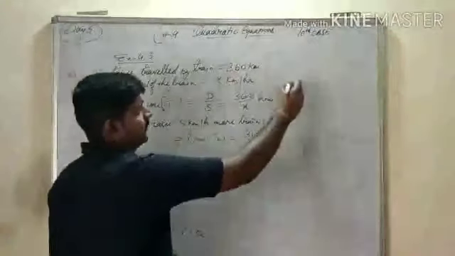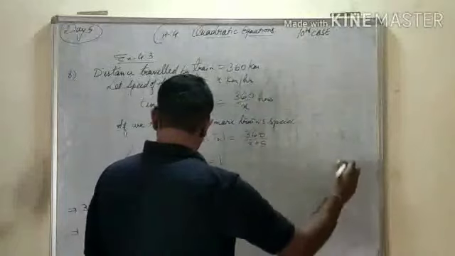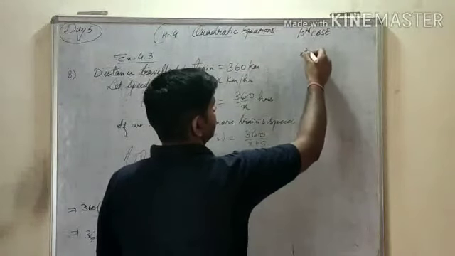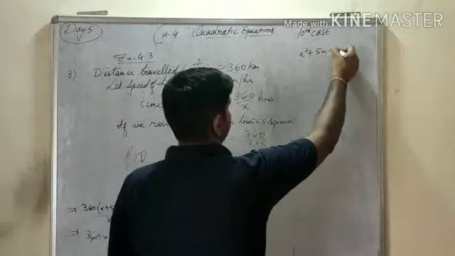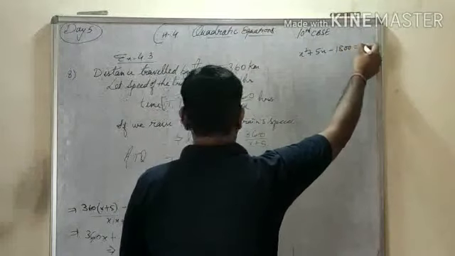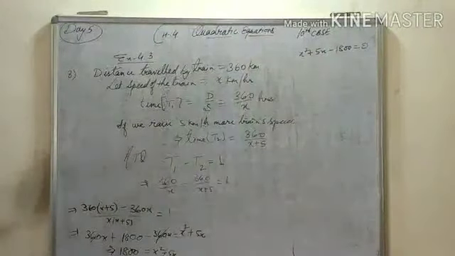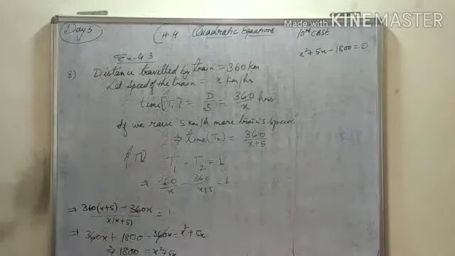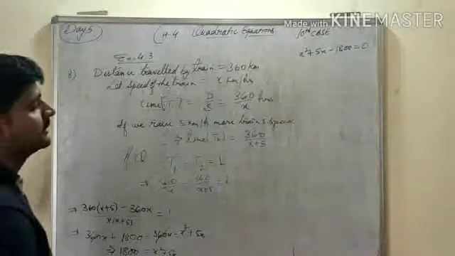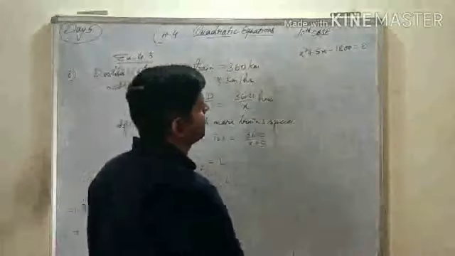So here we form the equation x square plus 5x minus 1800. This we will solve by the quadratic formula.